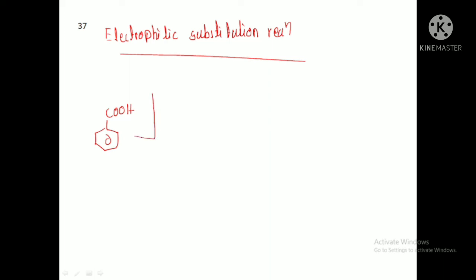If you treat it with Br2 and FeBr3, that is halogenation of benzoic acid, it will give meta-bromobenzoic acid. Since I took bromine, I will get meta-bromobenzoic acid. It acts as a meta-directing group.